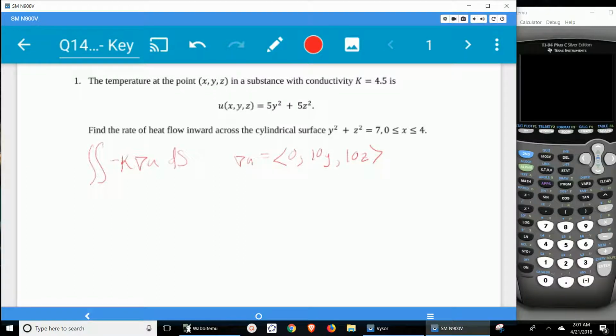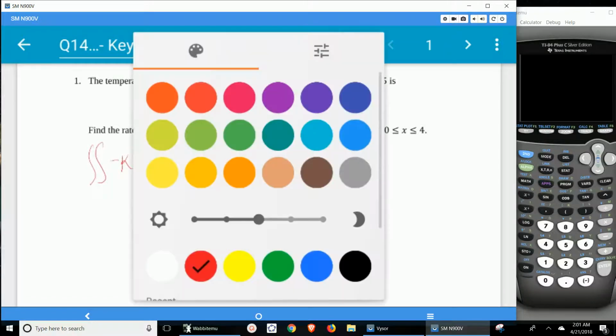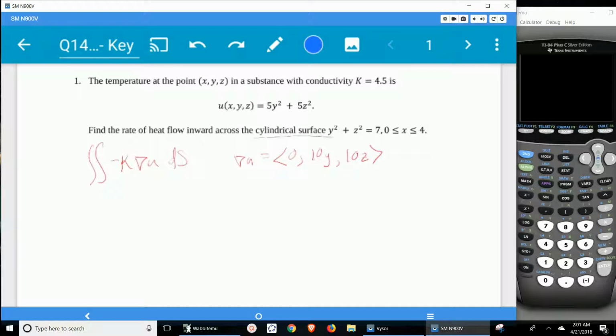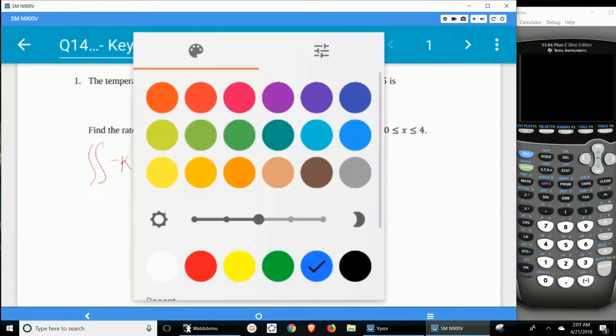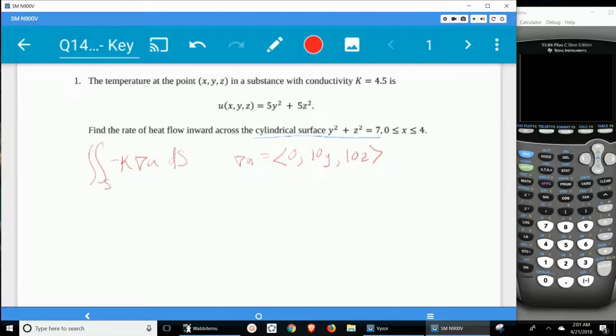Alright, now we have to think about this surface right here. In order to do this kind of surface integral, we need to get a parameterization of that cylinder.